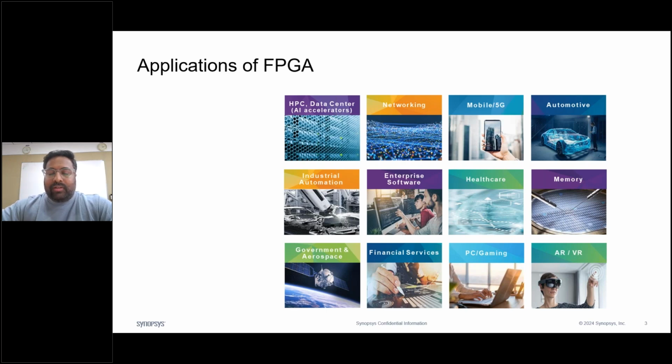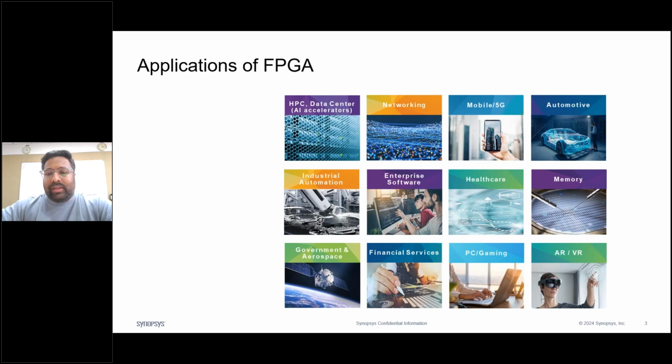If I talk in terms of automotive, FPGA can be used for your infotainment system, your ADAS system, your driverless car driving system, and also for your engine control units to control your engine. It can be used in the telecommunication sector for baseband beam transmissions, and in routers.